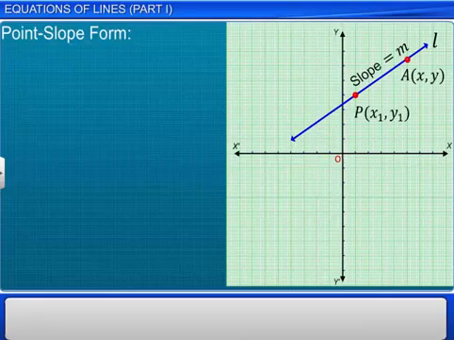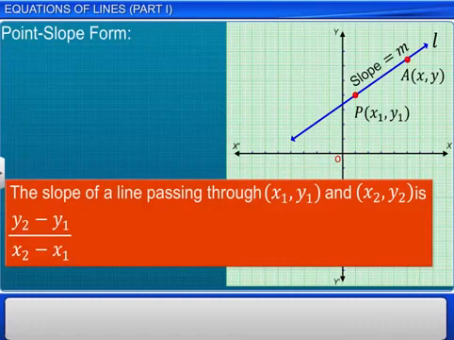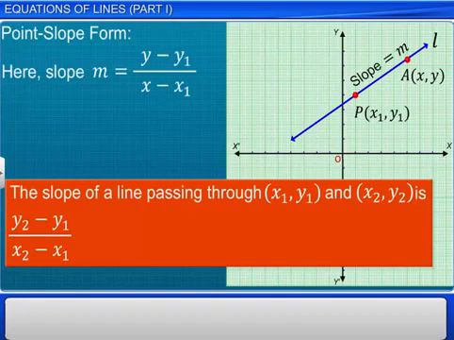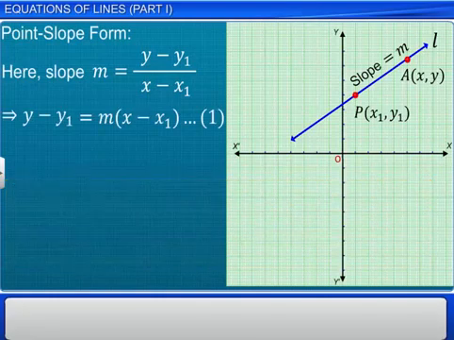Recall the formula for the slope of a line passing through two given points. According to the formula, slope m of line L passing through points A and P is given by (y - y1) divided by (x - x1). From the formula for the slope of a line, we get equation 1.